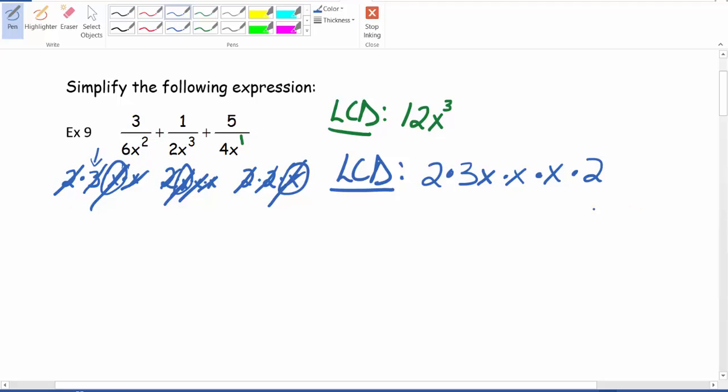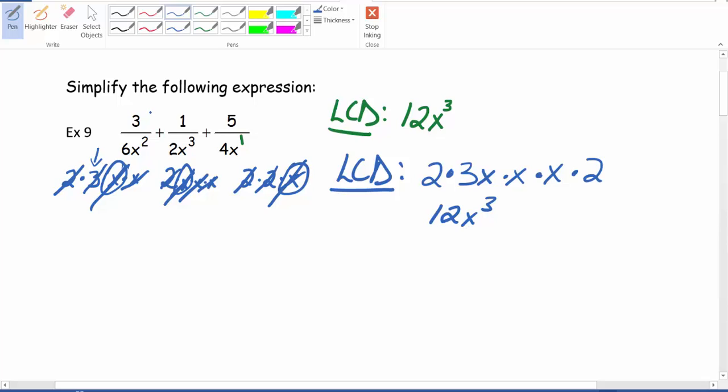Now when we look at our LCD for this version, we can multiply all 3 numbers together, get 12, also x cubed. So that's just a really different way of looking at how to find that LCD, by asking what number and what is the exponent for that appropriate variable.